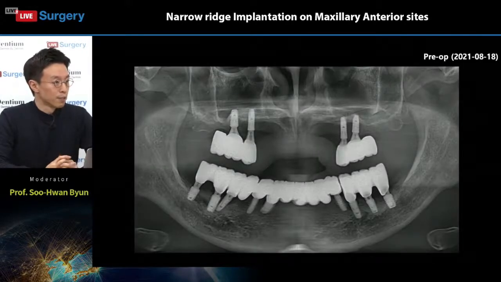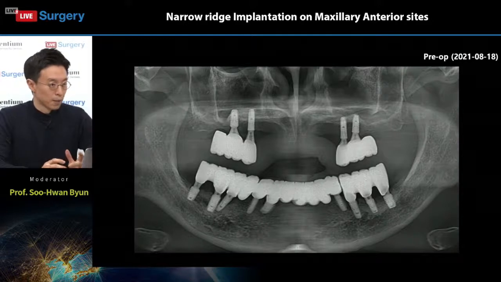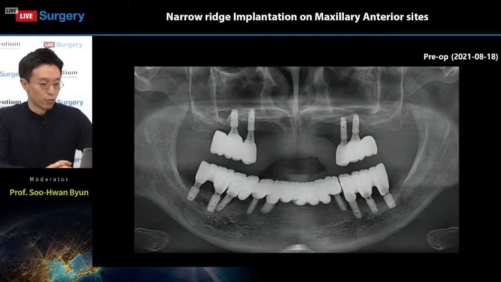This is the preoperative panoramic radiograph. This patient had implants placed at areas 13, 14, 15, 16, 23, 24, 25, 26 4 years ago.